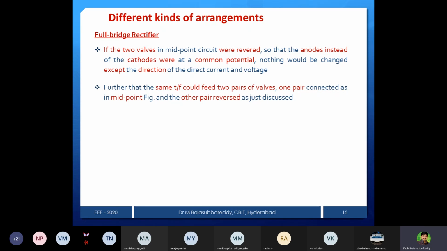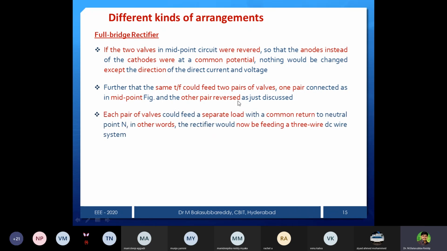Further, the same transformer could feed two pairs of valves, because we formed it as a bridge, no? Two devices were coming from the midpoint; they just reverse it, the common terminal will change, and the other pair of valves is connected as discussed in the previous diagram.